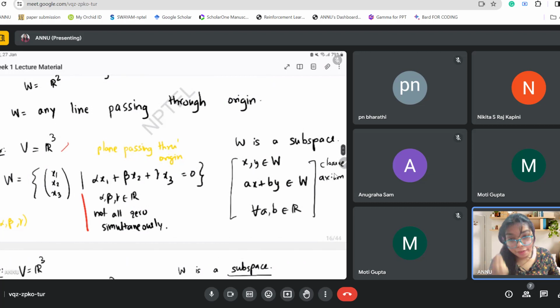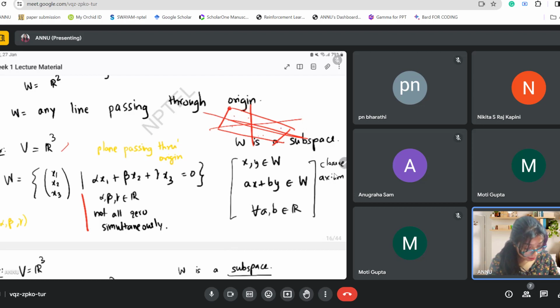Okay, what if they are 0 simultaneously? Will it be a plane or not? If it is 0 simultaneously, if you try to draw, is there any case where it is passing through the origin and all alpha, beta, gamma are 0?